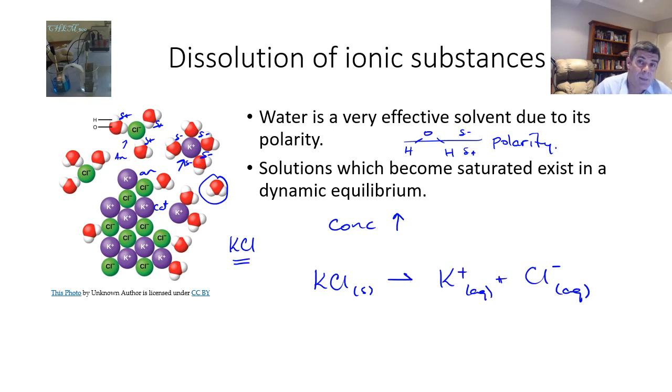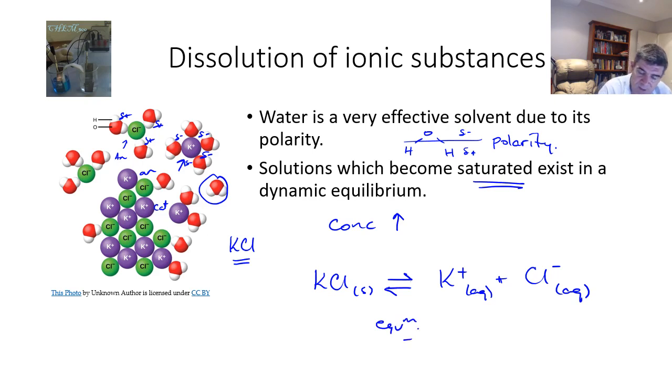That continues to happen until the solution reaches saturation, and once we reach the point where no more of those ions are going to dissolve, then we end up with a reverse reaction occurring at the same rate as the forward reaction, and this is our definition of equilibrium.